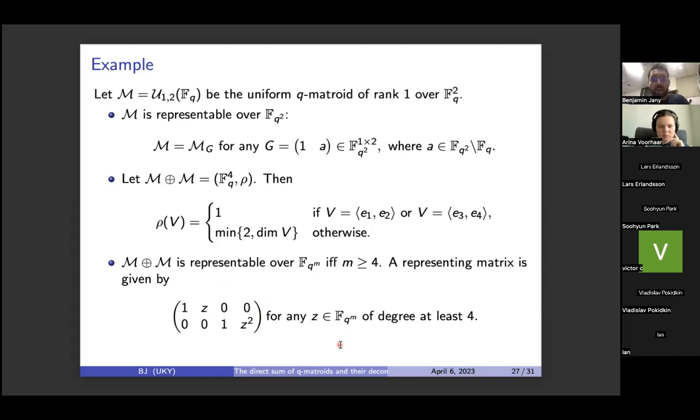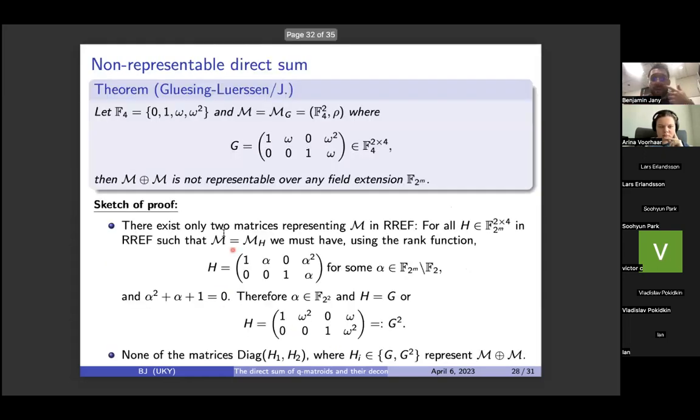Okay. So here we have this example that shows that sometimes our direct sum becomes representable if we consider a field extension, okay? But that is not always the case. And as this example shows, we start with the q-matroid that is representable over F_4.